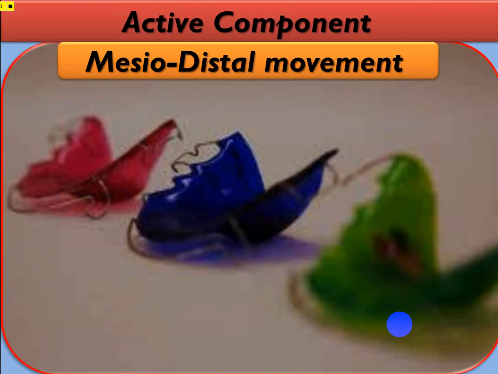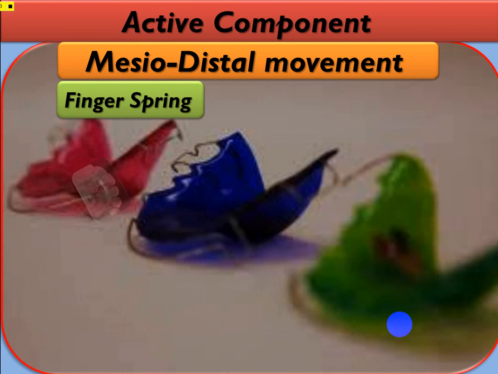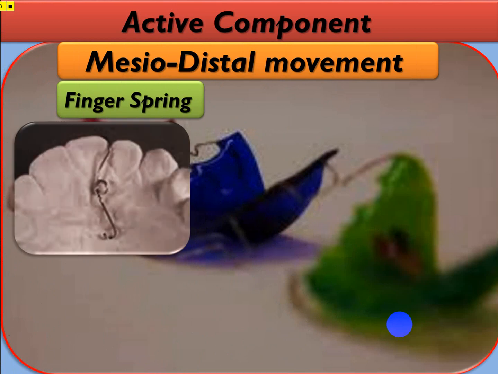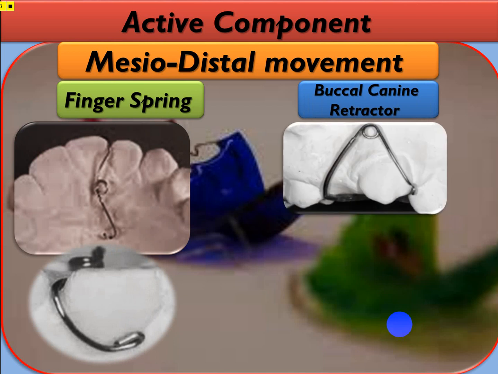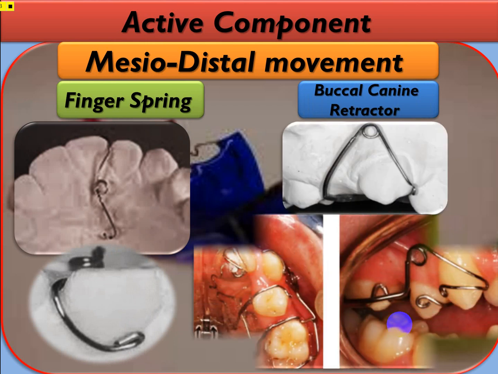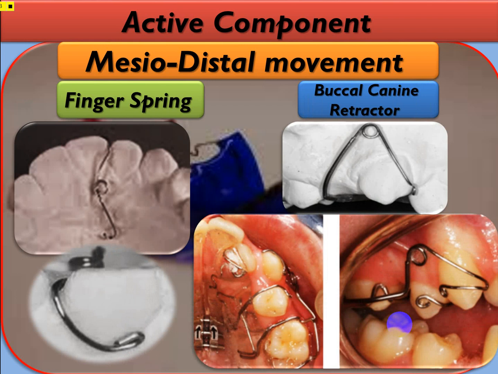The third active component, which gives us a mesial or distal force direction or mesial or distal movement, includes the finger spring, whether simple or guarded, and the buccal canine retractor, whether simple buccal canine retractor or modified buccal canine retractor.